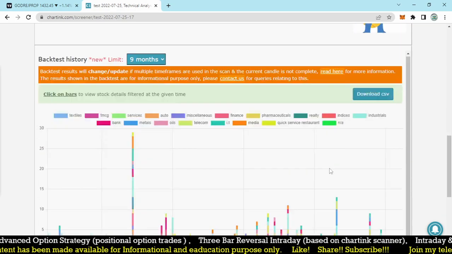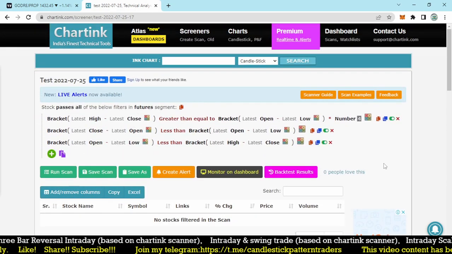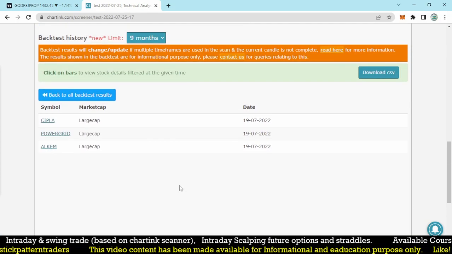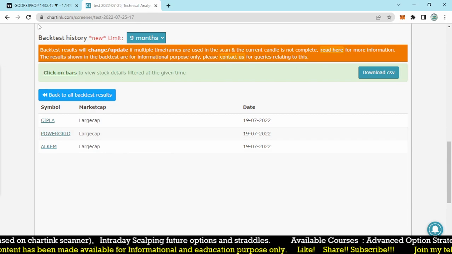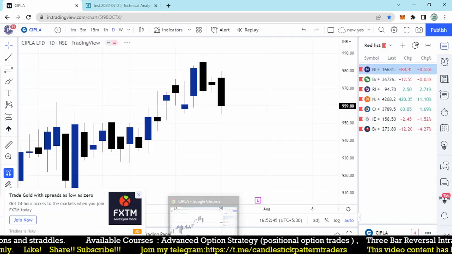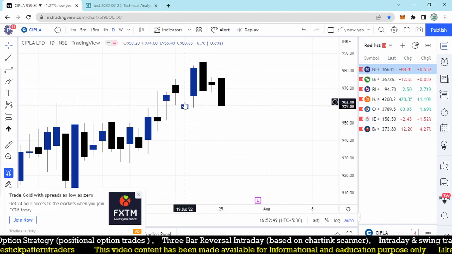You see, the same number of stocks. How is it possible? Let's check the scan. 19.7 Cipla.